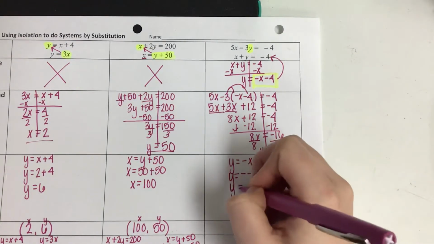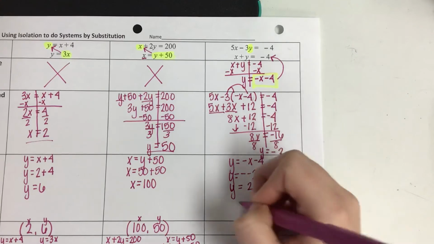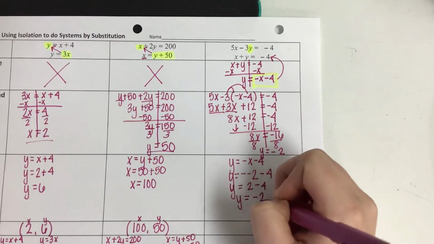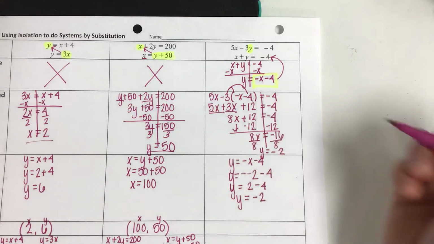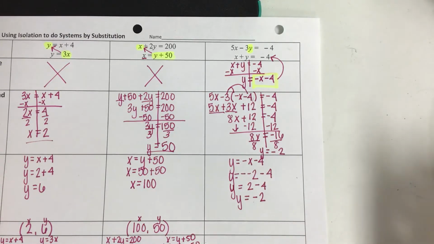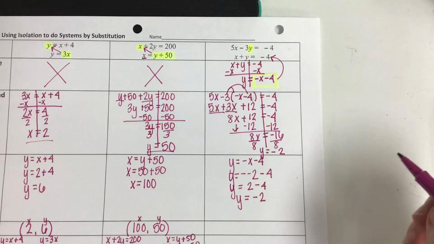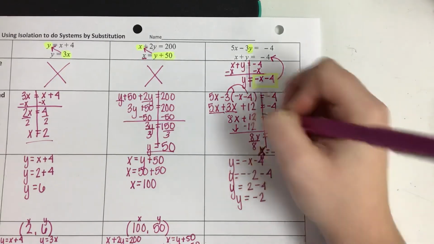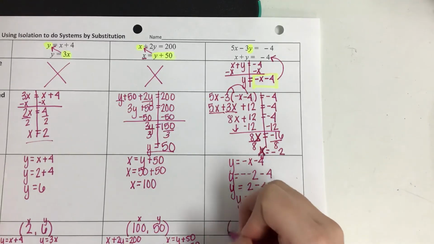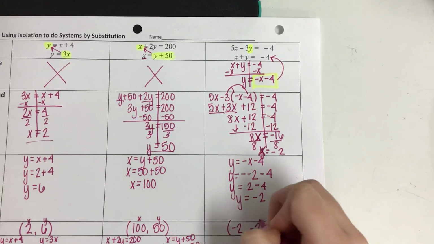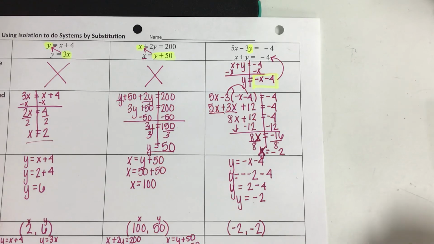So a double negative really means this is a positive 2 minus 4, so that means this is negative 2, our answer. Oh, dear goodness gracious, guys, I made a mistake. We are solving for x and not for y. Oh, no, this is x. X equals this right here. I apologize. X is negative 2, y is negative 2. There we go. So we have negative 2 comma negative 2. We're going to make sure that this works.